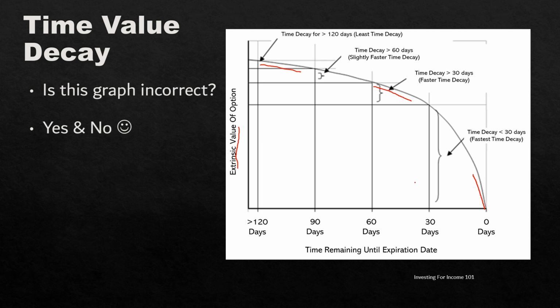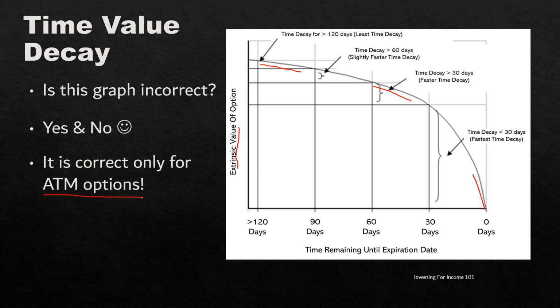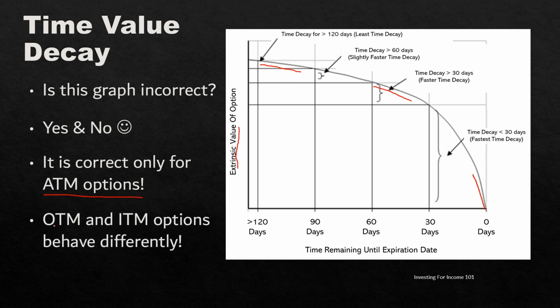So is this graph correct or not? The truth is, it's correct only for at the money options. If we have an at the money option, the time value behaves according to this chart. However, for out of the money and in the money options, the chart is actually quite different.